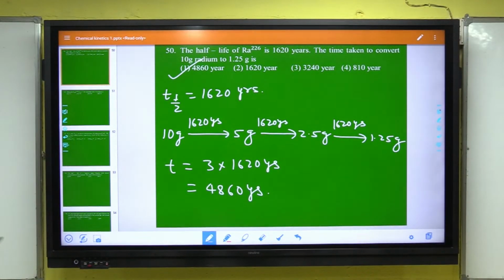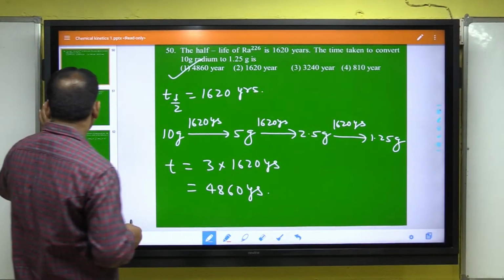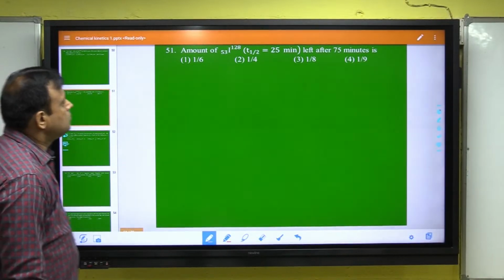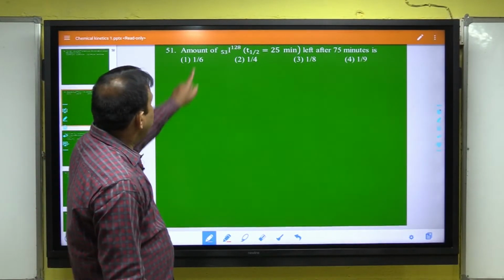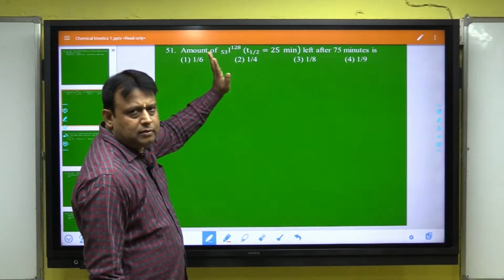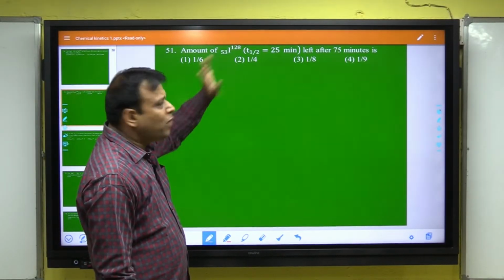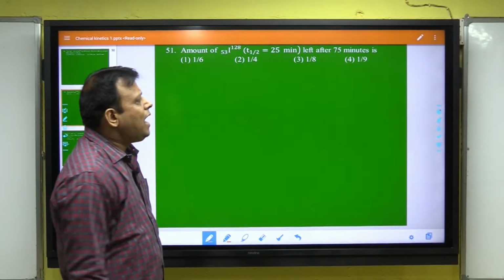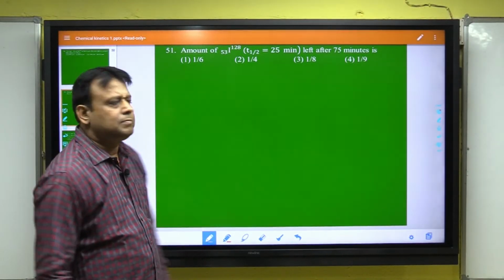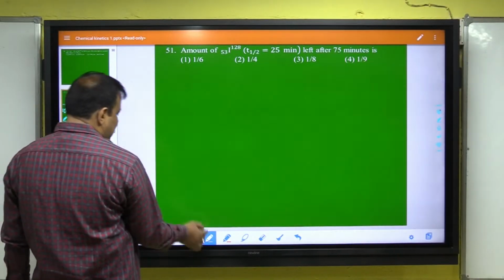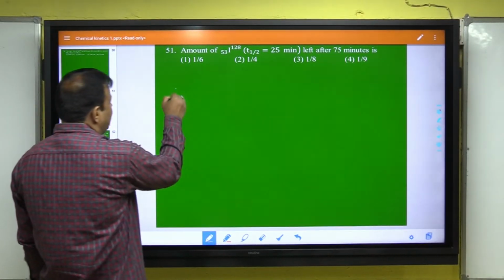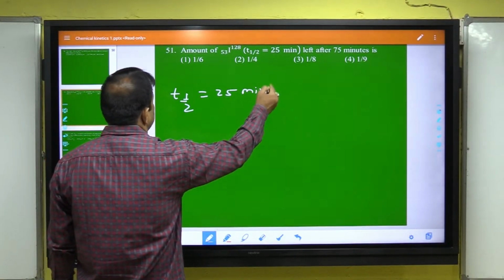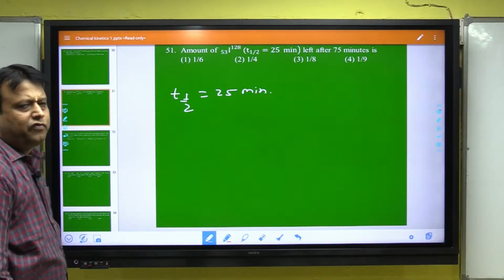Question number 51. Look at the board. The amount of iodine-128 (atomic number 53), which is radioactive with half-life 25 minutes, left after 75 minutes. Listen, half-life is given, 25 minutes, and it is radioactive and follows first order kinetics.